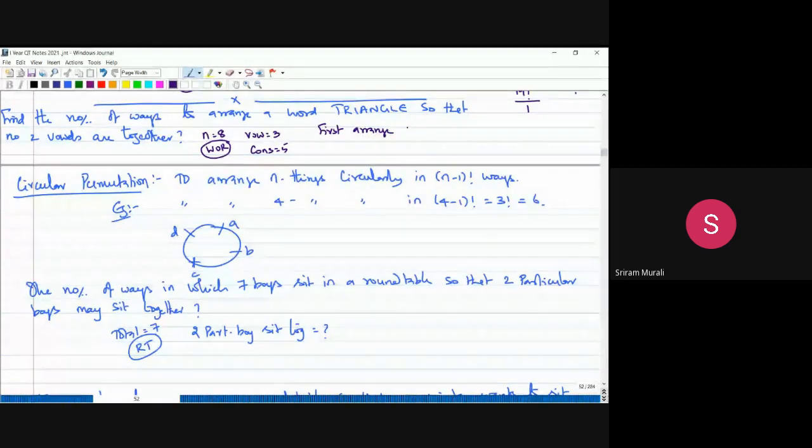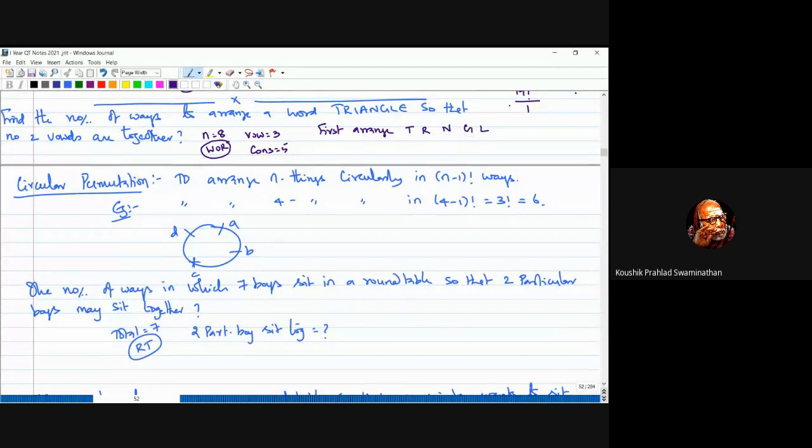consonants. First arrange T R N G L in 5 factorial ways. So remaining places are 6. Remaining vowels are 3. So this can be arranged in 6P3.